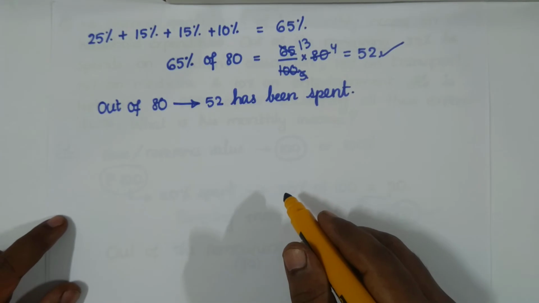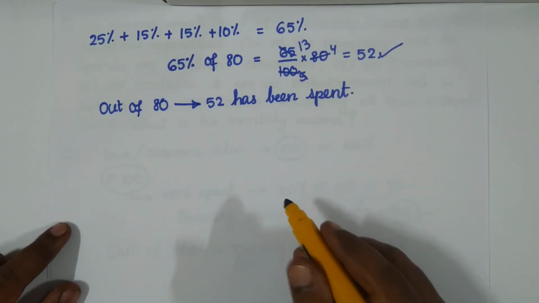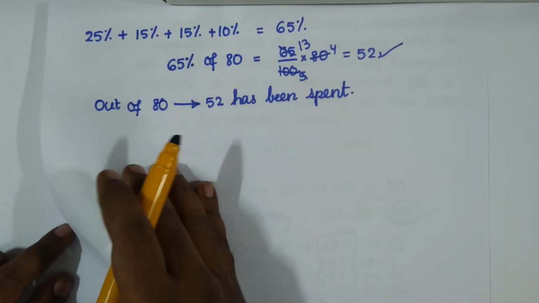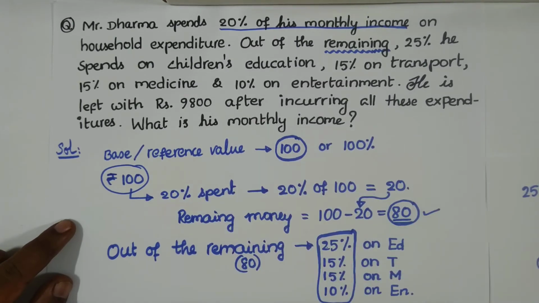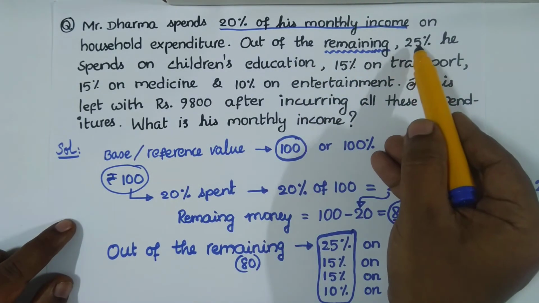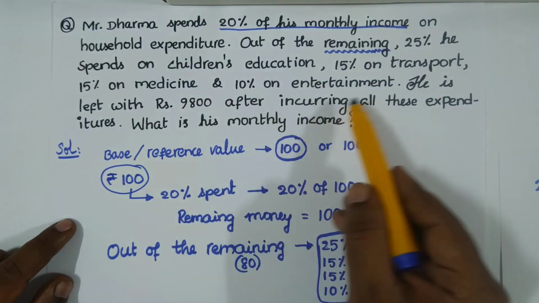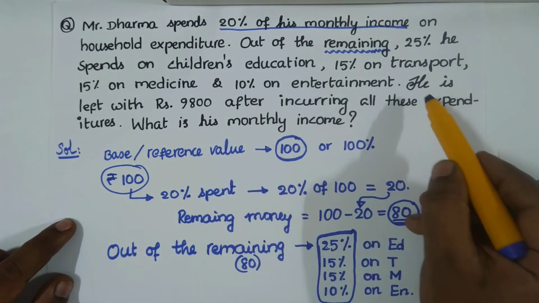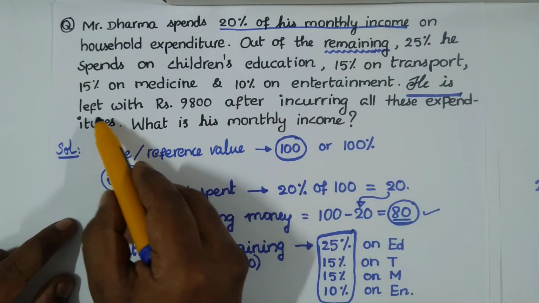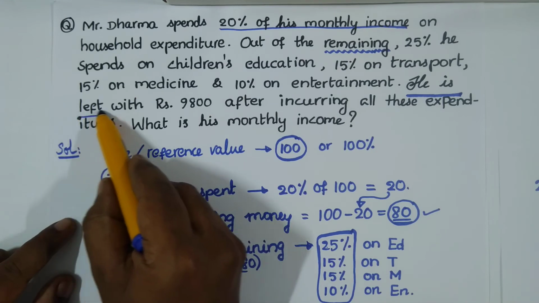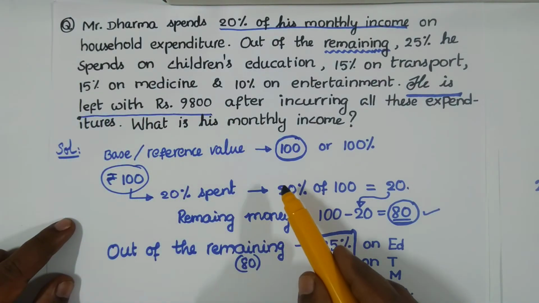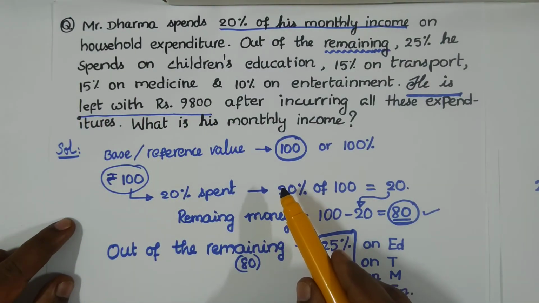That's what we obtained. Now you focus on the question. Out of the remaining, whatever we have, he has spent. Finally he is left with, after spending out of 80, rupees 9,800.